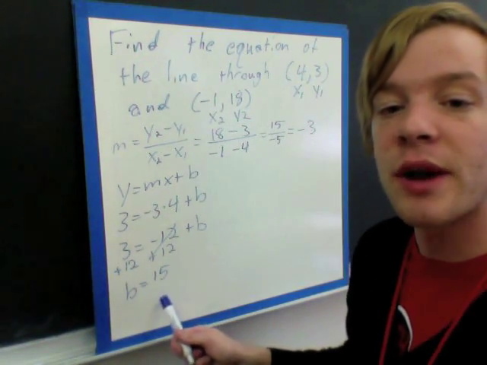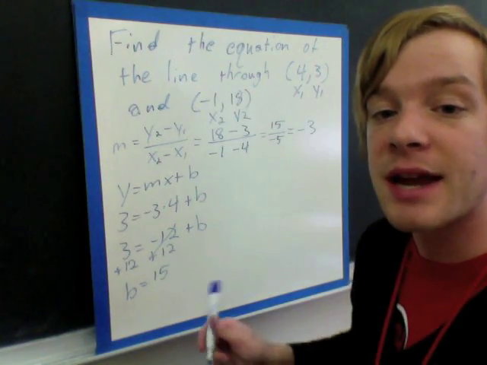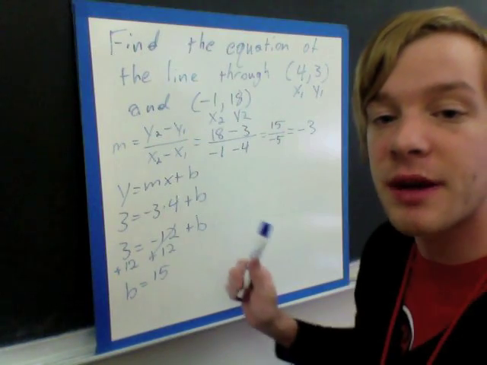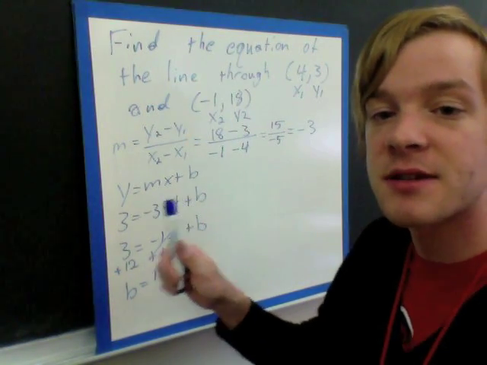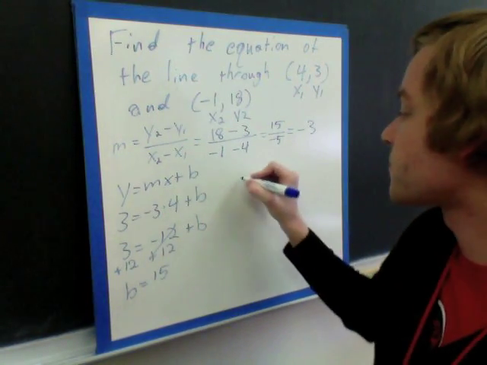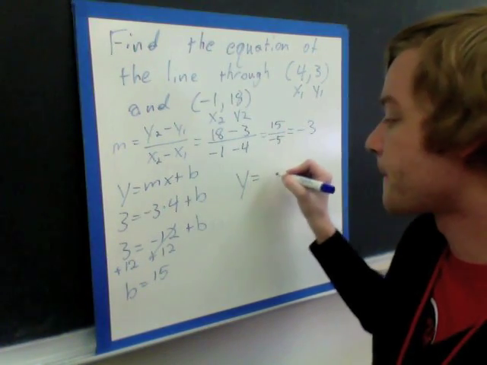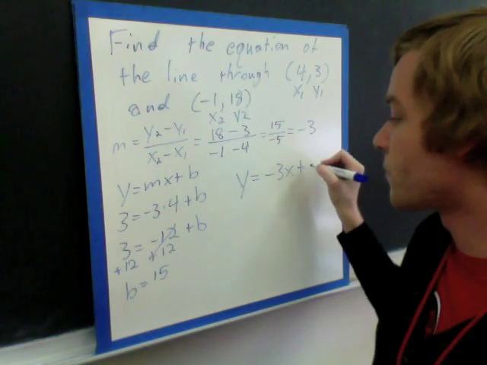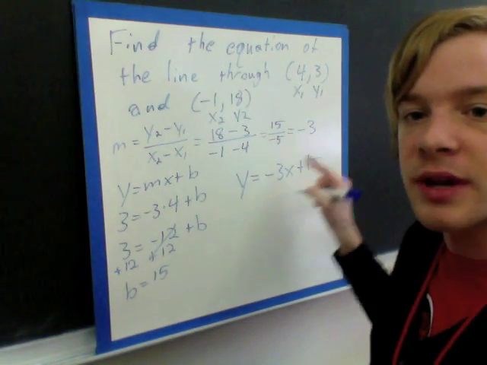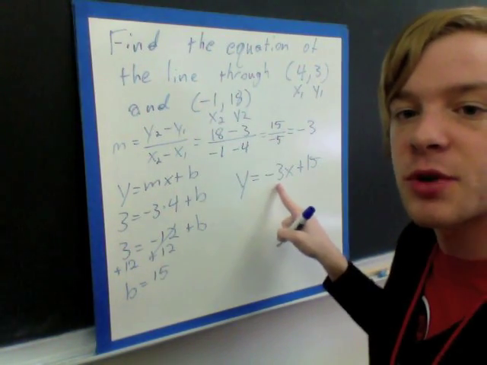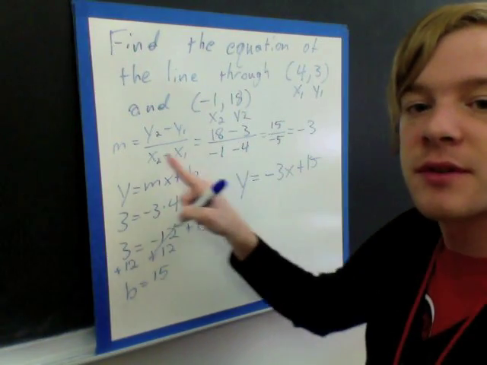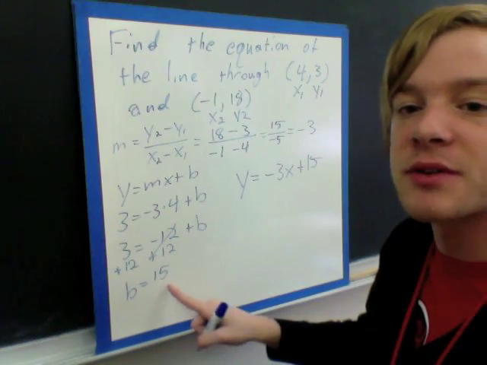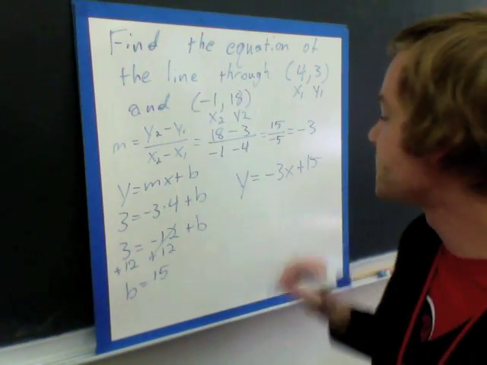So I find that my y-intercept, my b, is 15, and now I can just put this into y equals mx plus b along with the m, and I'm going to leave x as x and y as y. So I got the m, the slope here, from what we solved out at the very start. That's where my m comes from. And then the b, the y-intercept, comes from here.